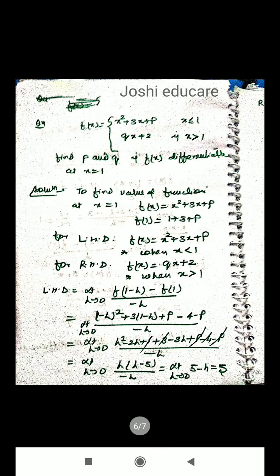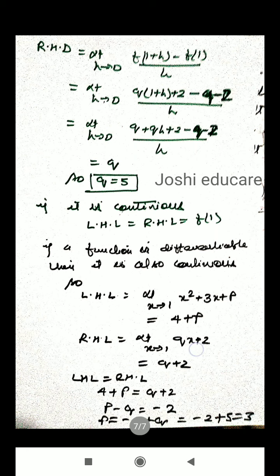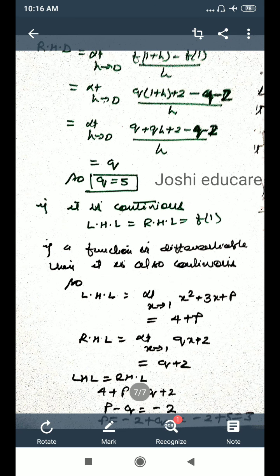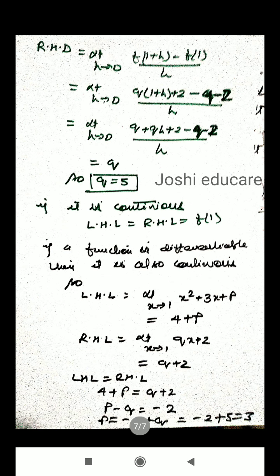Right hand limit you calculate in this. Limit x tends to 1 of qx plus 2. You will get it is equal to q plus 2. As it is continuous, so left hand limit equal to right hand limit. Equate both. 4 plus p is equal to q plus 2. From that you will get p minus q equal to minus 2. As we already have value q equal to 5, so in this put q equal to 5, you will have value of p equal to 3.